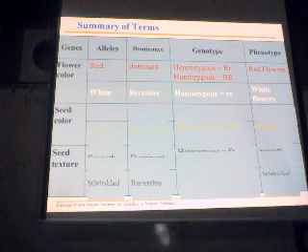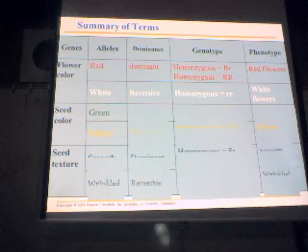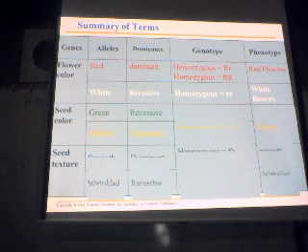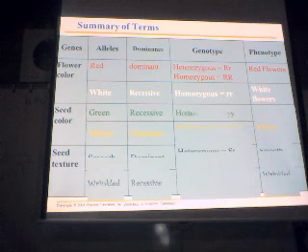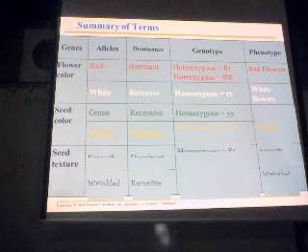We'll do one more. For seed color, we have two colors of seeds. We have green seeds and yellow seeds. In this case, green will be recessive, yellow will be dominant. For recessive, we know it's a homozygous genotype, so little y, little y. We're using Y because yellow was our dominant trait. And for the genotype for yellow, we have two.